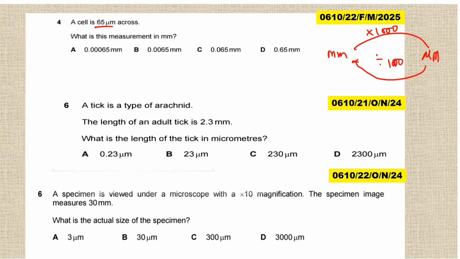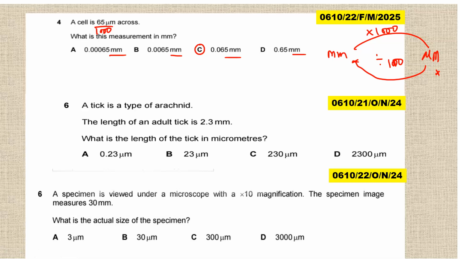Here we are given micrometer, and the answers are recorded in millimeter, so we need to convert to millimeter. We simply divide by 1000. 65 divided by 1000 is going to give us 0.065, which is the C.